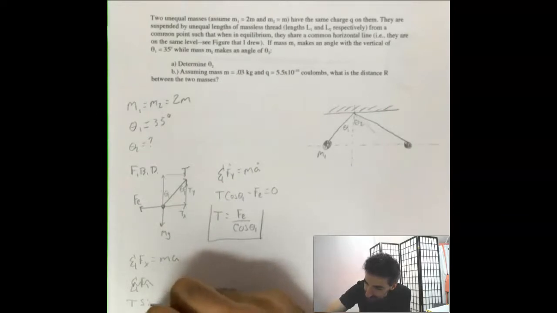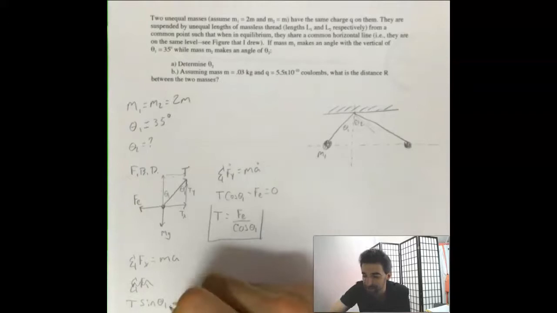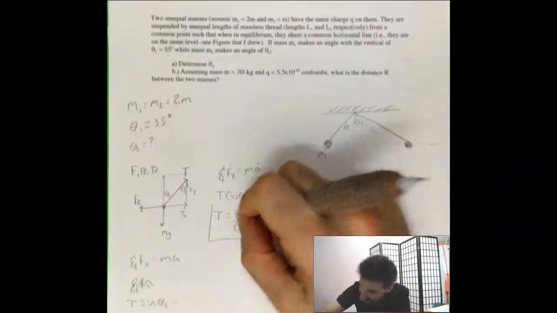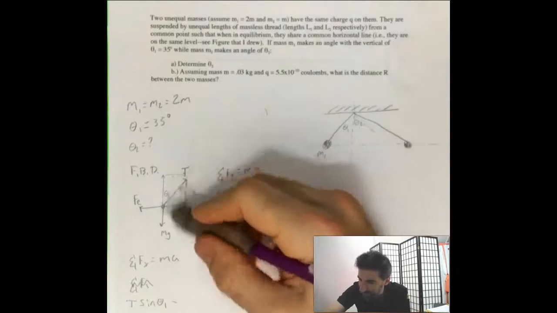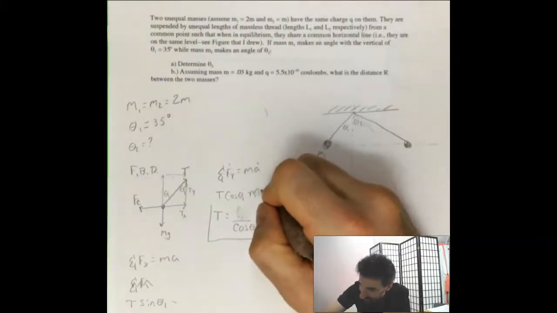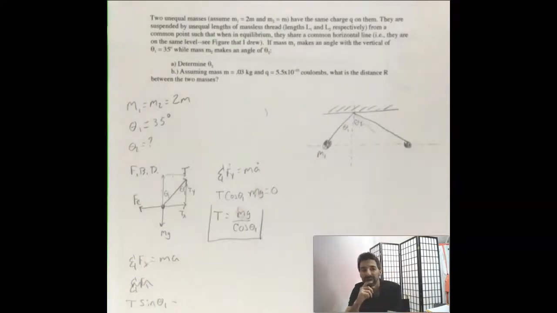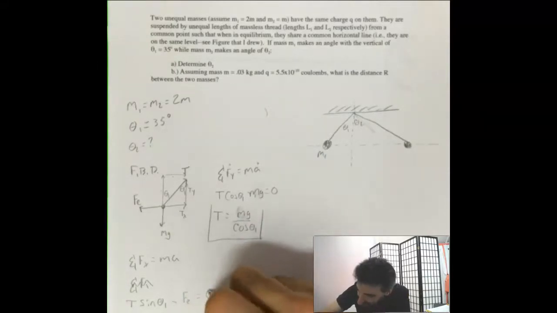T sine theta 1, that and that are the same. Minus, that's not an Fe. Hoping you were like, Mr. Rose, what are you doing? This is equal to mg, so minus mg. Mg over cosine theta 1, that's way better, mg over cosine theta 1 minus Fe equals 0.